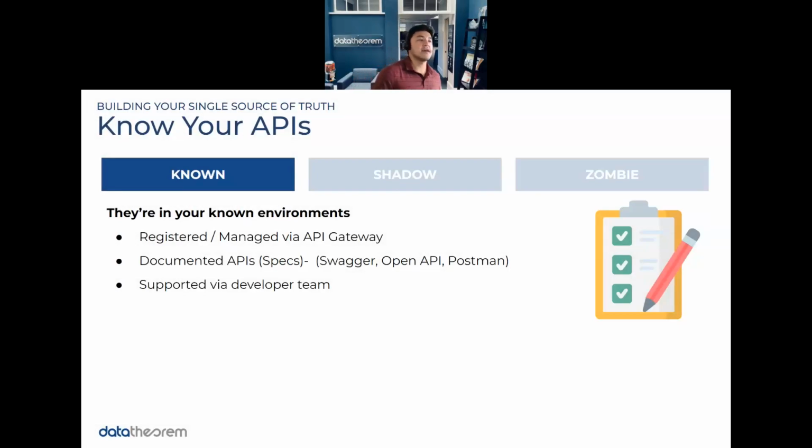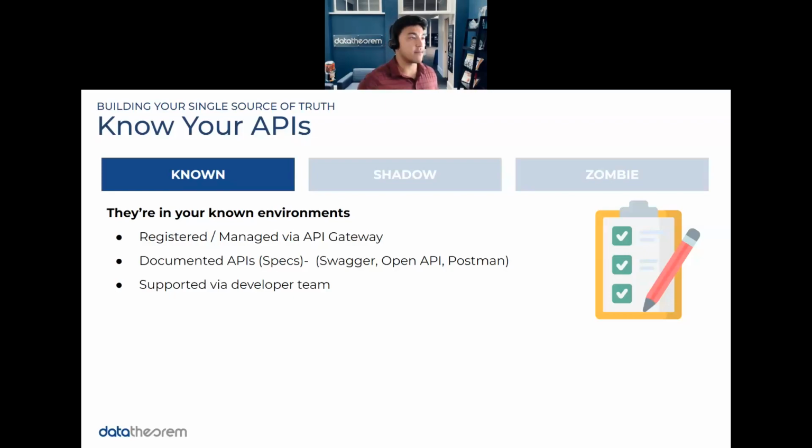These usually go through, let's say, an API gateway. We already have documentation set up for them, things like Swagger specs, OpenAPI, and Postman recordings, which we can use to automate different test flows and know what cloud resources these APIs are reaching back to. So I already have a security strategy in place for this, and not too much to worry about.